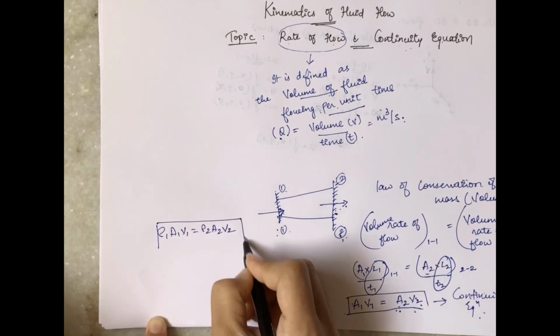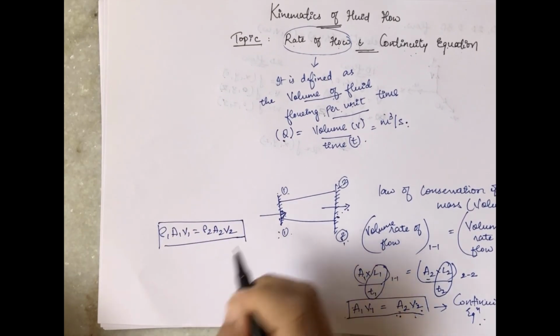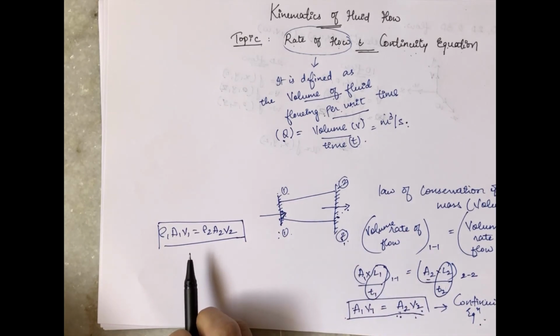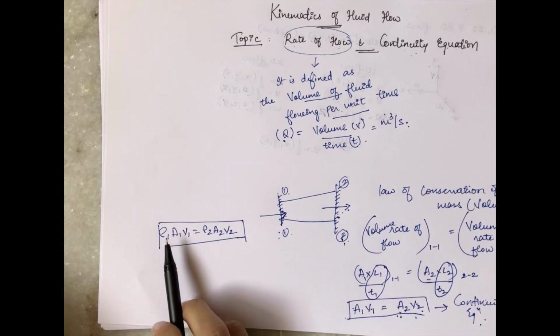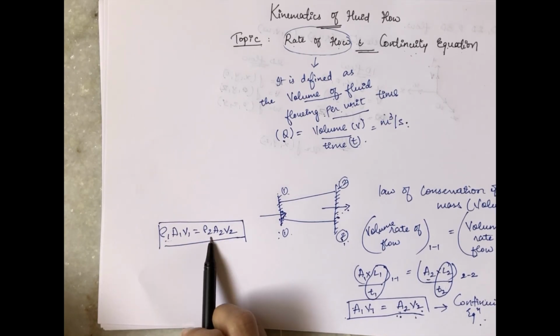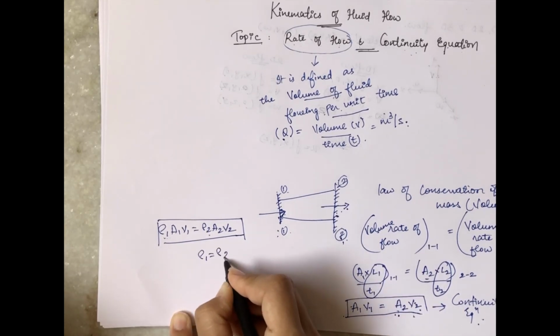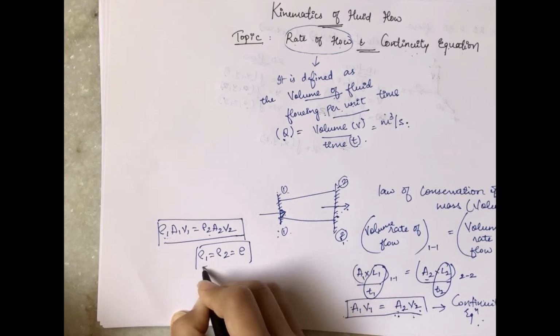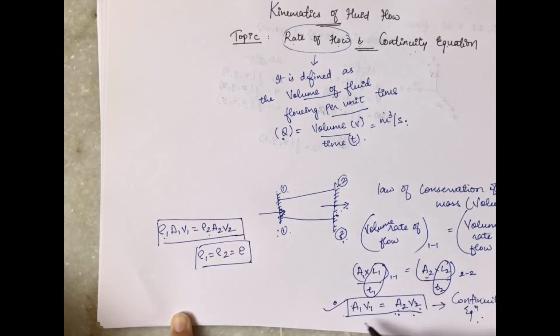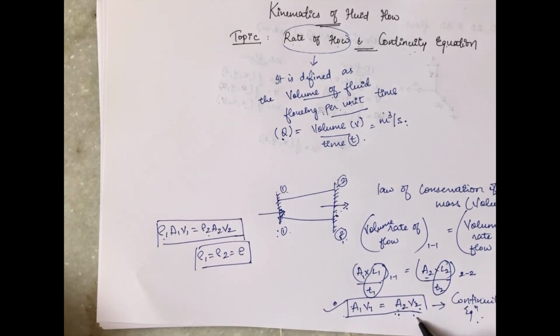But this case is mostly not possible, as we will generally consider only one type of fluid. So in most cases the densities rho 1 and rho 2 will be the same, rho 1 is equal to rho 2 is equal to rho, and our equation will become A1 V1 is equal to A2 V2.